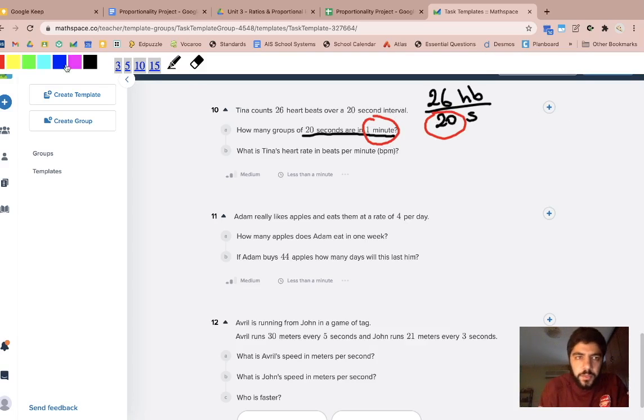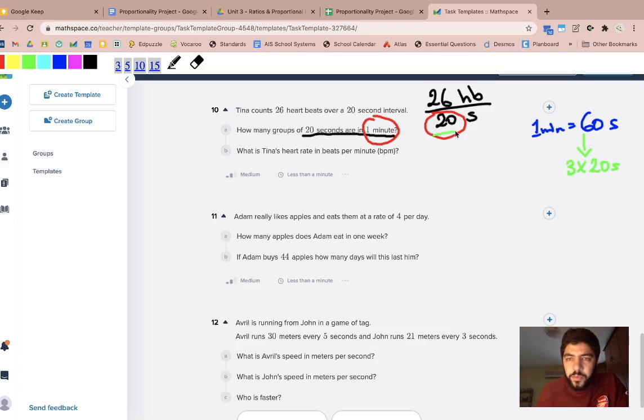So we know that 1 minute is 60 seconds. We know that 60 has 3 20-second groups in it, right? So there are 3 groups of 20 inside 60.